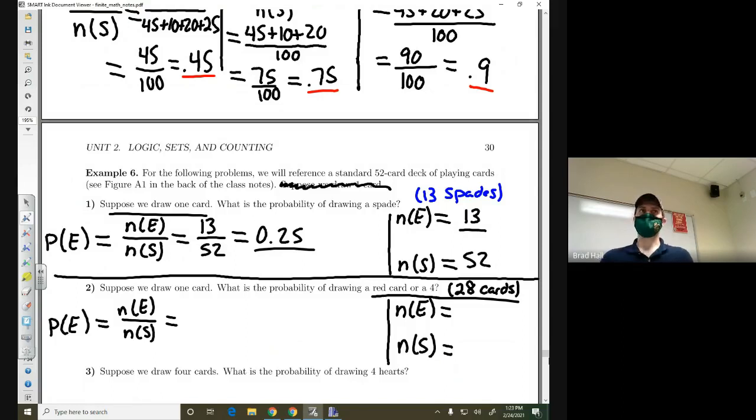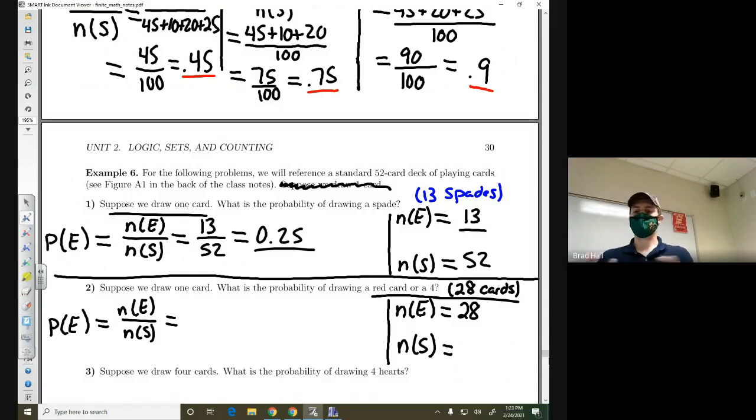So the number of different cards that are possible to draw, that's the 28. We're drawing 1 card, and we're hoping that that's a red card or 4, which tells us the number of spaces, in other words, the number of dashes. And the red card or 4 as the restriction is telling us the number of possibilities we have.